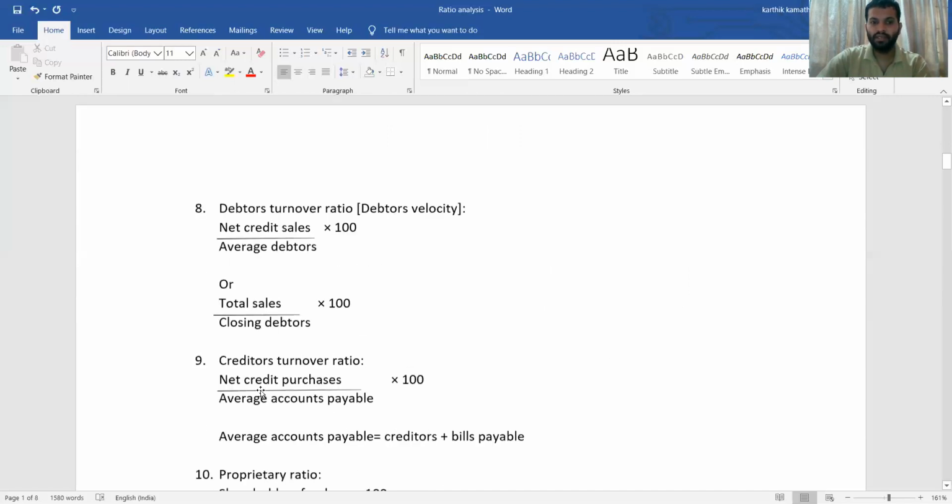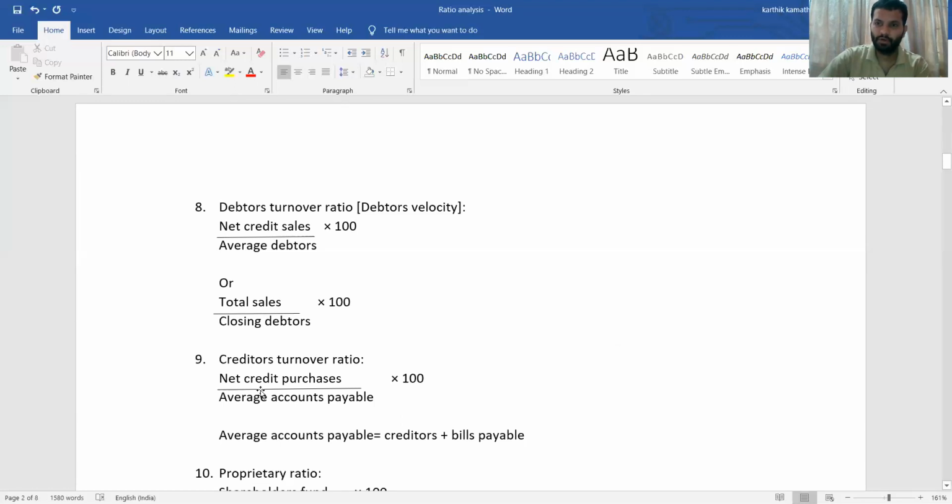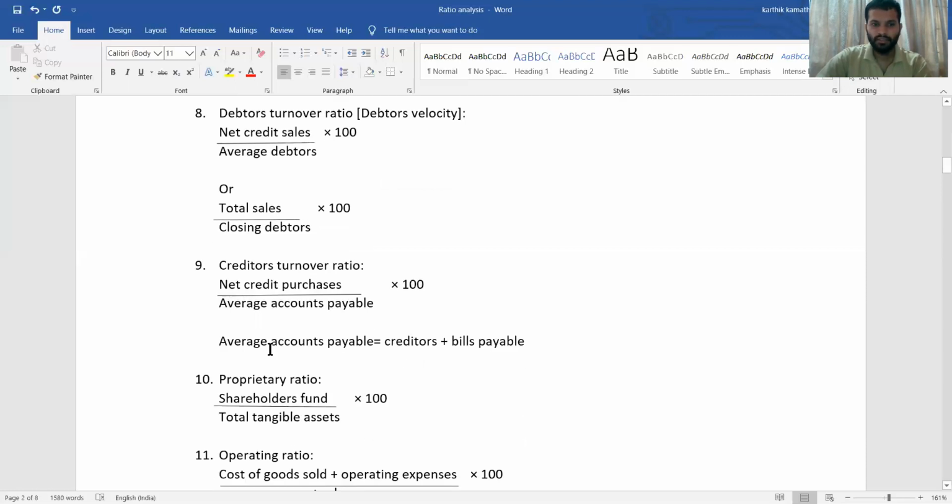Then creditors turnover ratio: for debtors it is sales and for creditors it is purchases. So net credit purchases divided by average accounts payable into 100, and here average accounts payable represents creditors plus bills payable only.